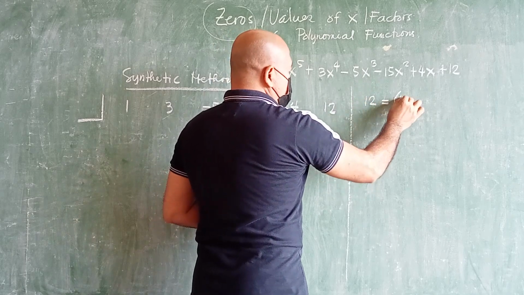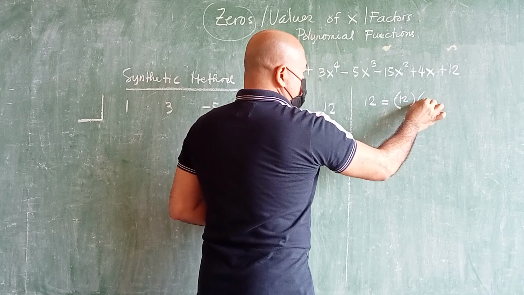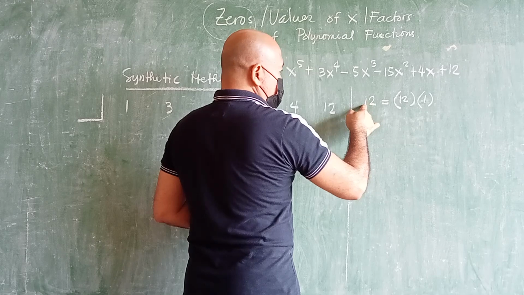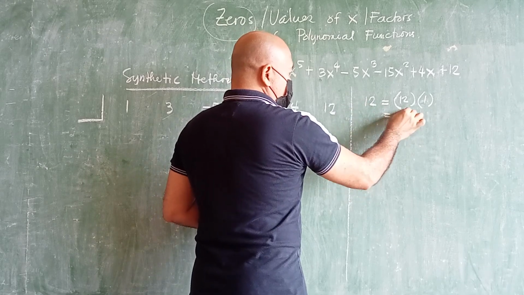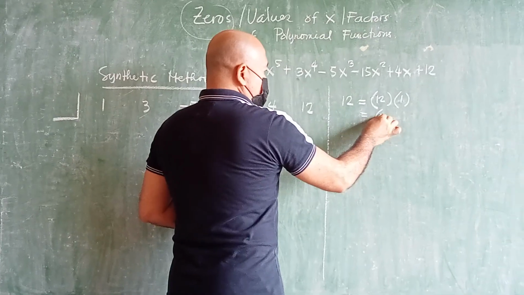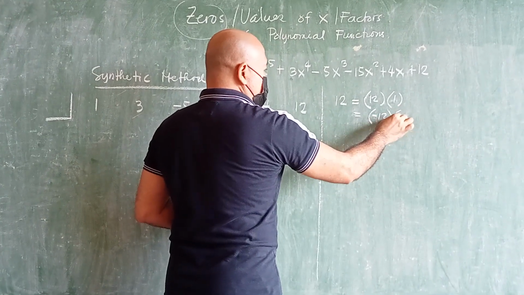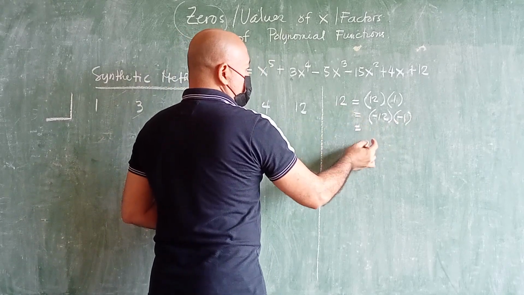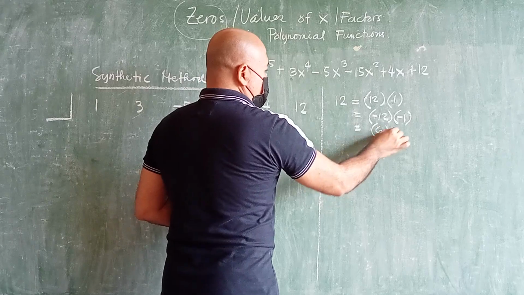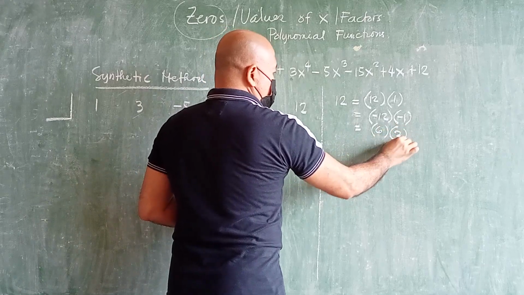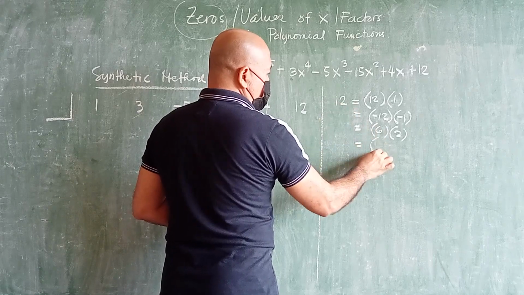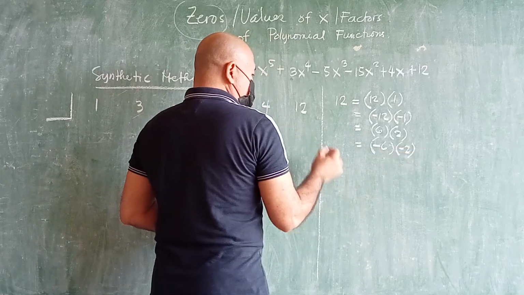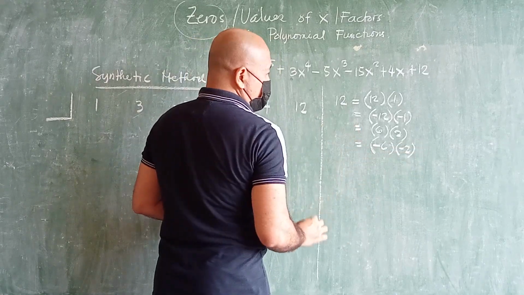First, for the 12, you may have positive 12 times positive 1, the result is positive 12. Another one, you may say negative 12 times negative 1 is also positive 12. And then you may also consider 6 times 2, that is equal to 12, or negative 6 times negative 2, that is still equal to 12.